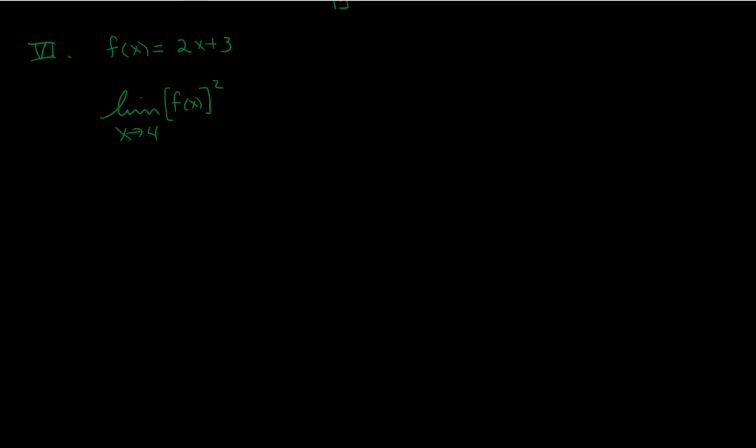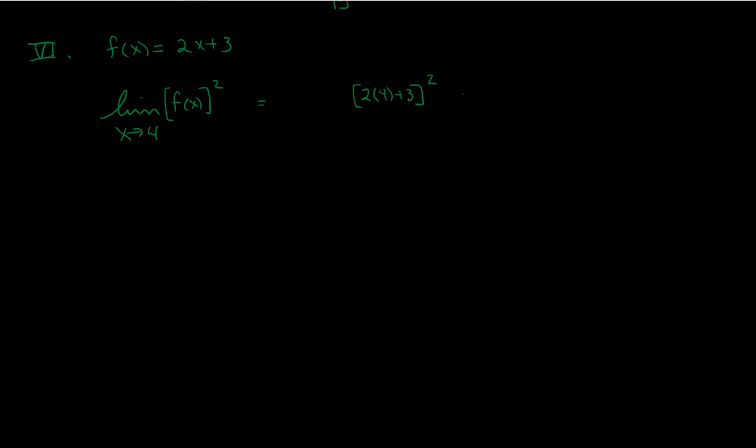What you wind up doing is you first evaluate your function. So what I'm going to do is the limit of 2, substitute in 4 for x, plus 3. Actually, I don't need the limit there. And then after I've evaluated that, I'm going to square it.